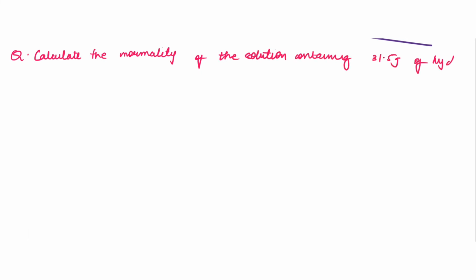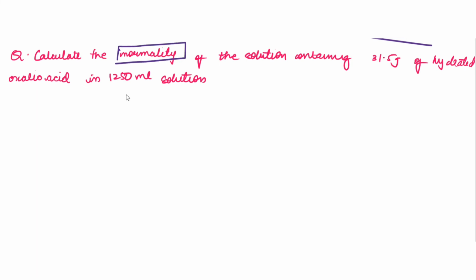Calculate the normality of the solution containing 31.5 gram of hydrated oxalic acid in 1250 ml of solution. So I gave you a question asking us to find normality, which we learnt initially, isn't it? A little early. So now try to recollect the formula of normality.